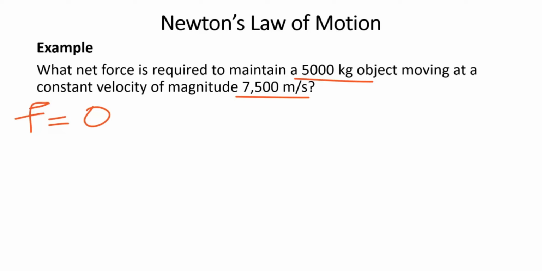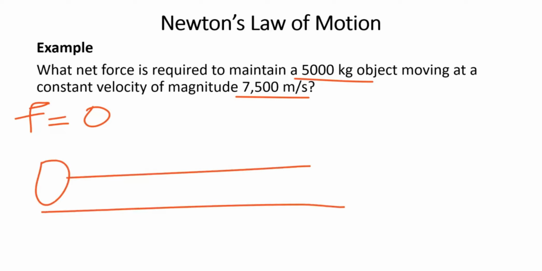As the car moves on the road, there is a frictional force opposite to the direction of motion that will be slowing the car down.